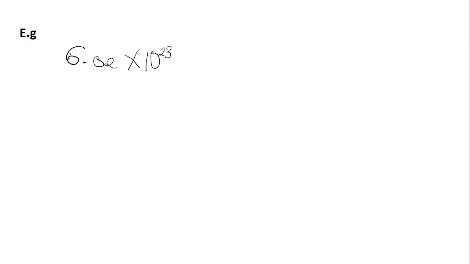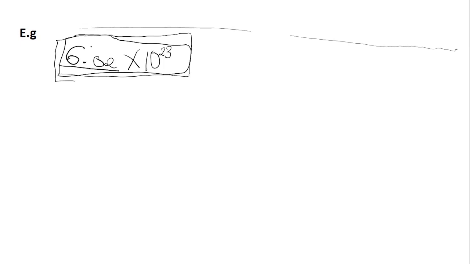According to the rules, we have 6.02. It's between 1 and 9. It's okay for it to have a decimal point. Then the power of 10 is 23. It has to be a whole number. So this part is okay as well.